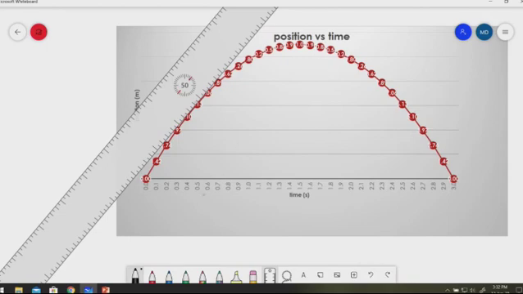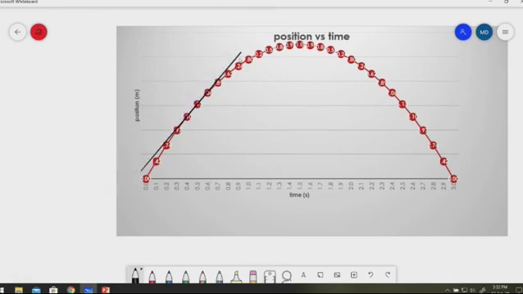So I've taken my ruler and I've drawn with my ruler a straight line, a tangent at the position where it is 0,5 seconds. This is just rough. Right, so there's that line. Now we can use this tangent line that I drew and roughly estimate what the velocity at 0,5 would be.